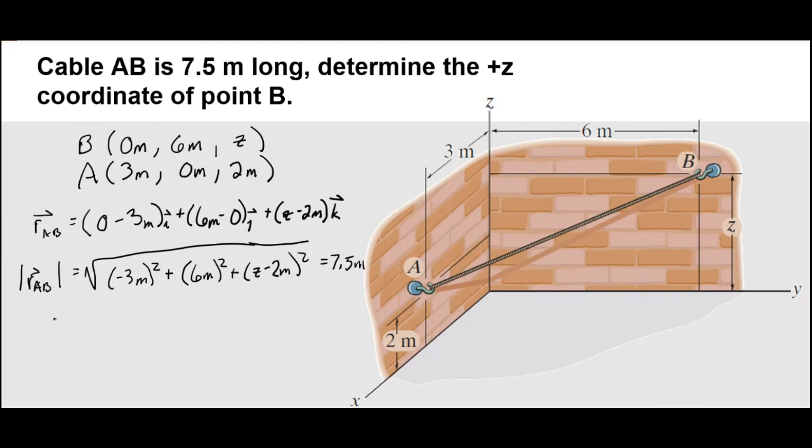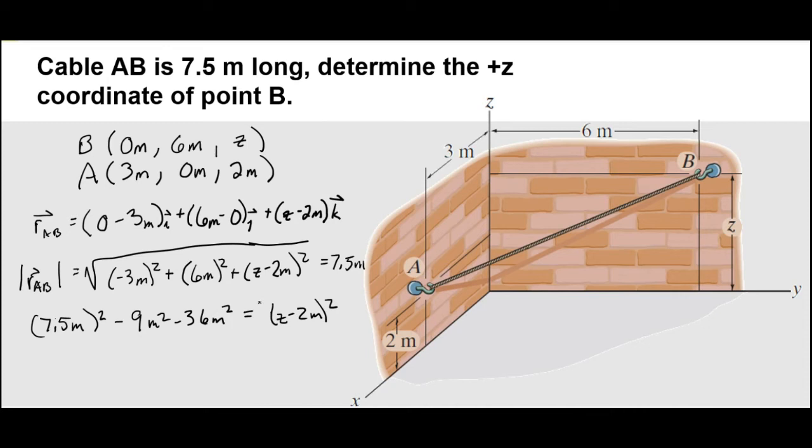So let's do 7.5 meters squared, and then we'd have everything under here, so we can subtract 9 meters squared and 36 meters squared, which is equal to (z minus 2 meters) squared.